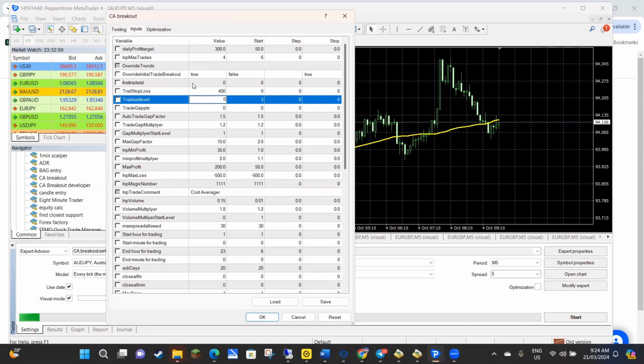And now another option we have is the first trade trailing stop loss. So if you just want a trailing stop loss just to work on the initial trade, then you can set a distance there. You know, say if you wanted that to be 200 points, for example, you just do that.